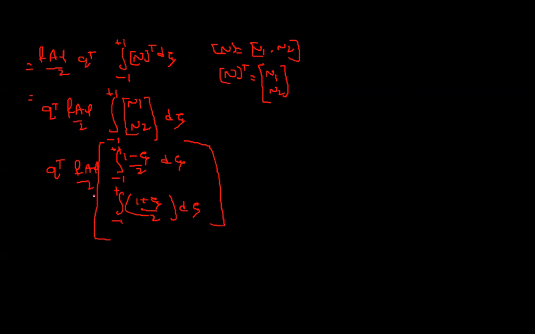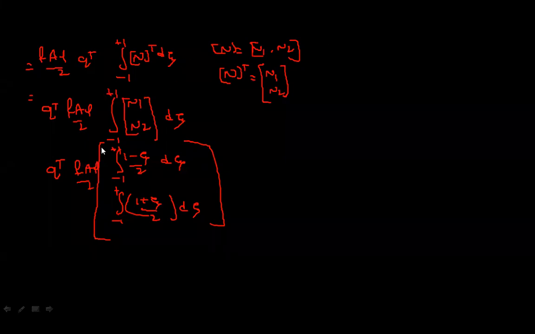So if you do the integration, you are going to get that (1 minus zeta) by 2 into d zeta can be integrated, zeta can be integrated as zeta square by 2.